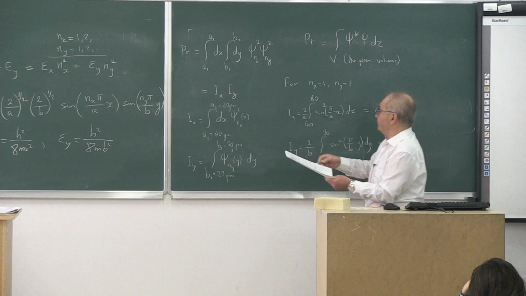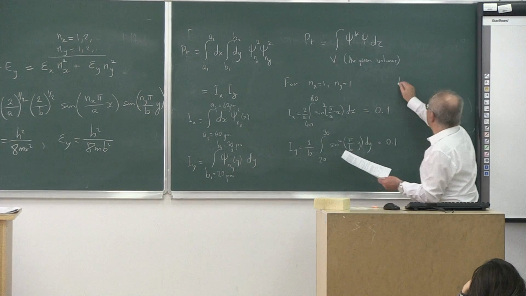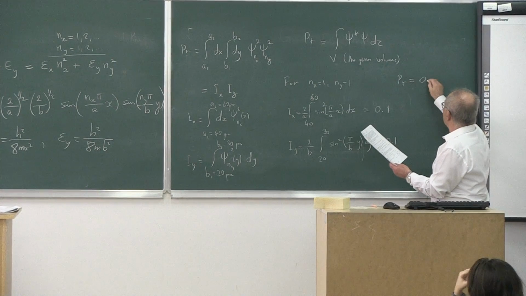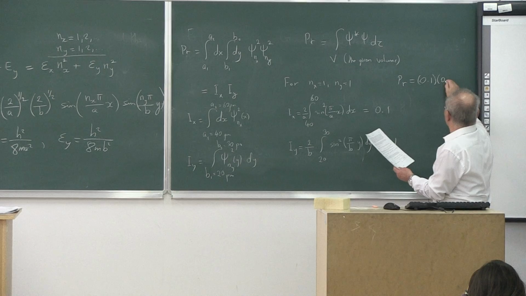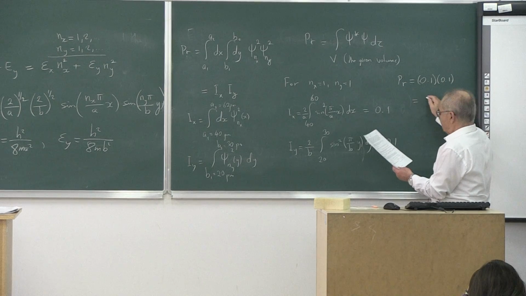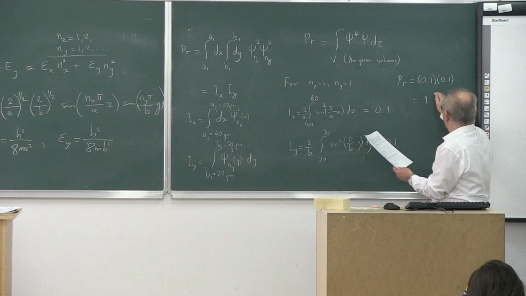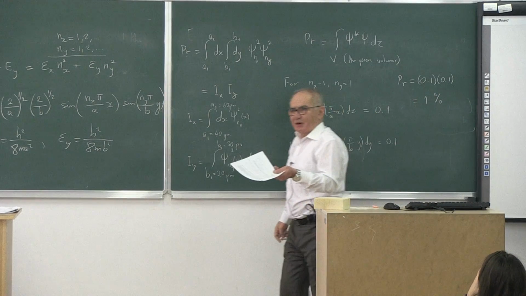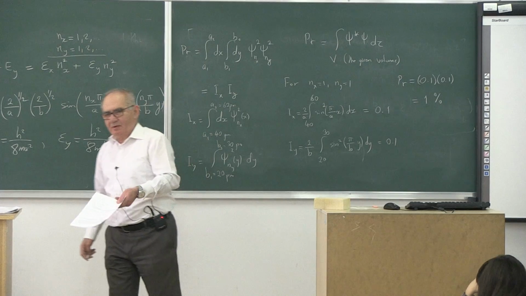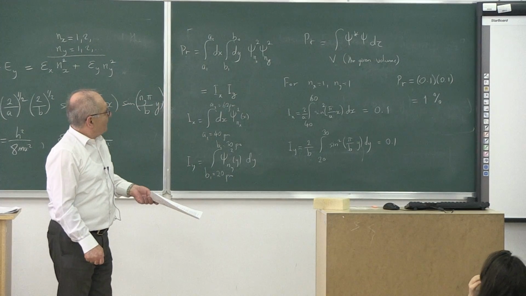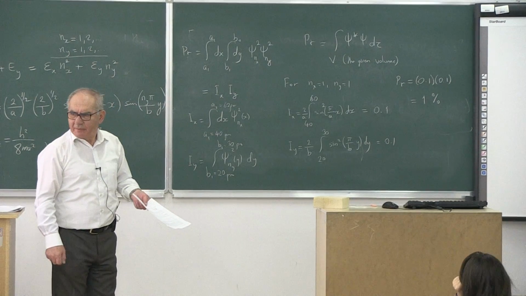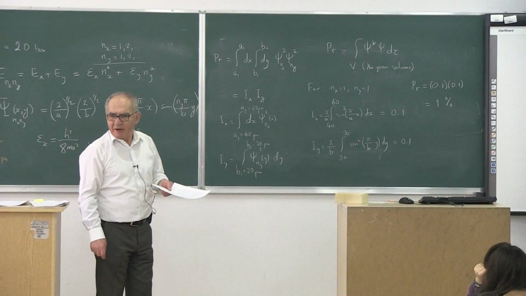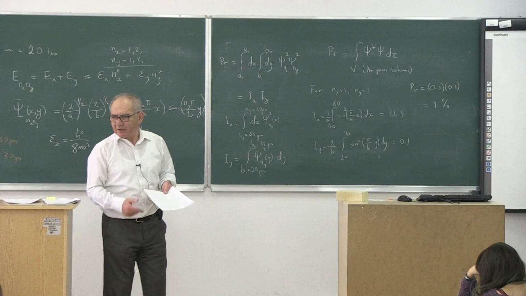And then the probability is simply 0.1 times 0.1, which is 0.01. And in percent format, it is 1% probability.